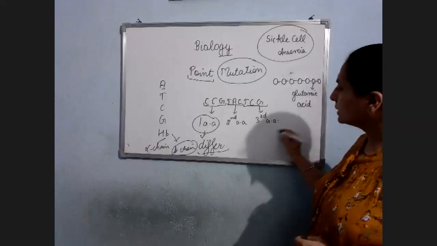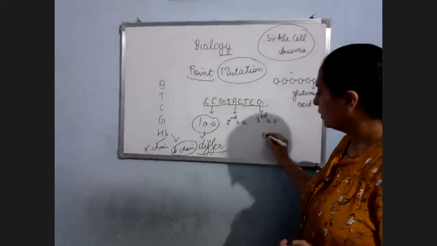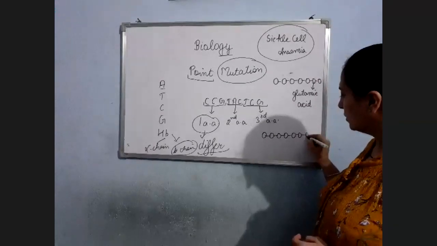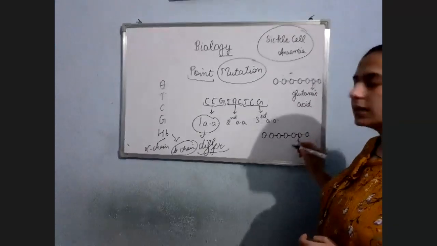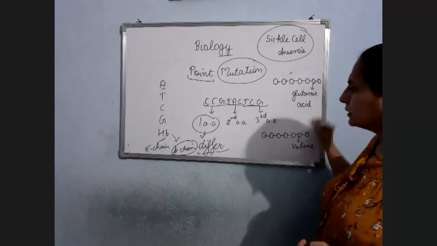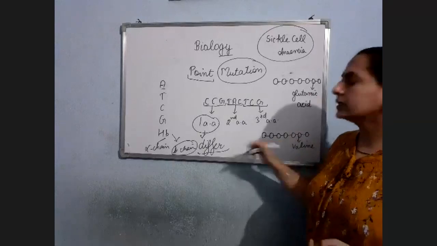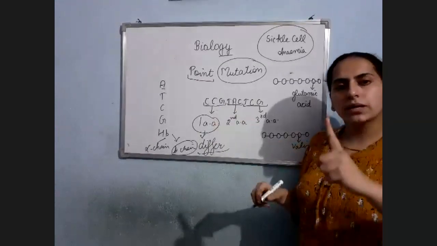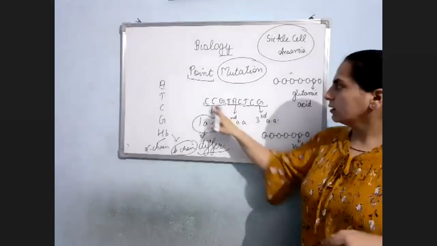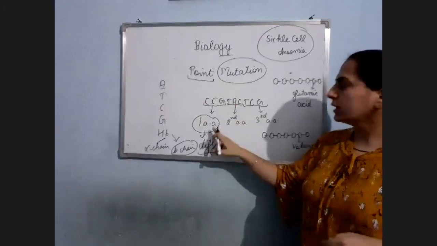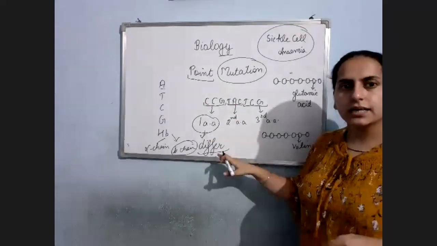Okay, but in the sickle celled person, what will happen? At the sixth place, instead of glutamic acid, valine will be present. It means you can see there is a change in one amino acid that I told you. There will be a change in one nitrogenous base. As a result, one codon will change, and as a result, one amino acid will change.